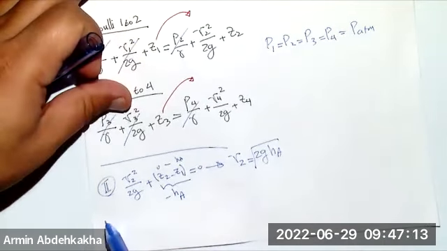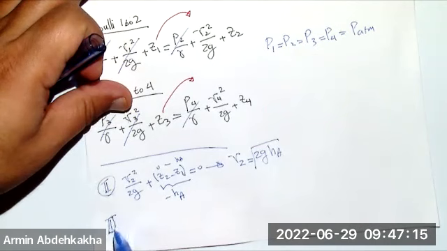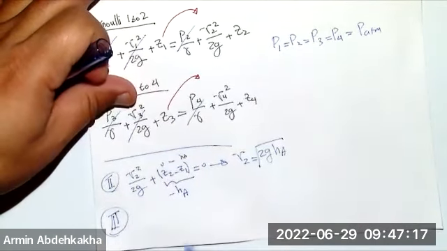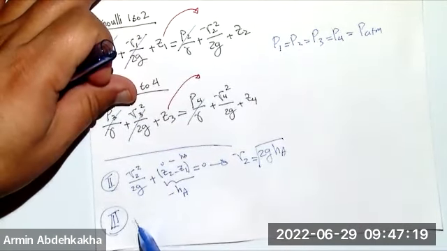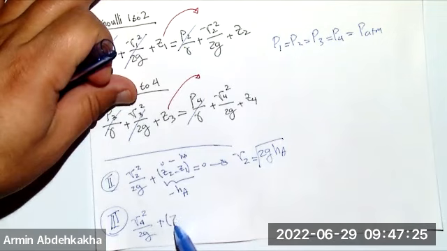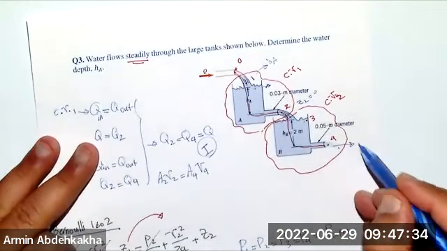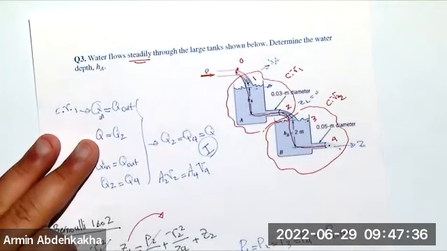The same for the other equation. What's that? V4 squared over 2G plus Z4 minus Z3 equal to 0. I'm putting my Z's here, okay?